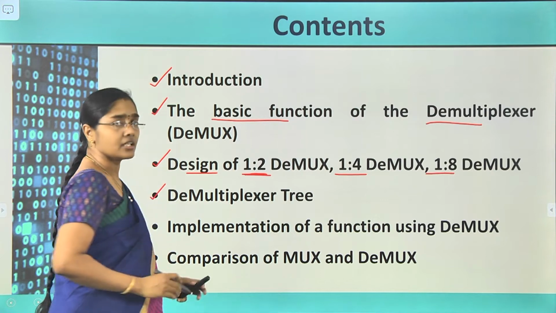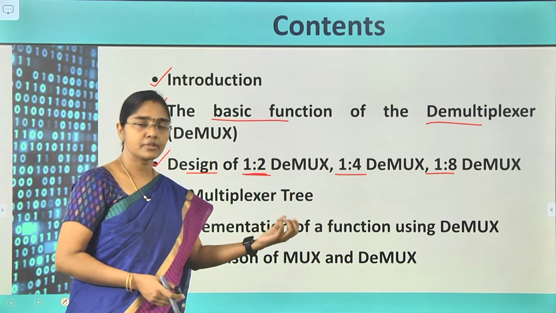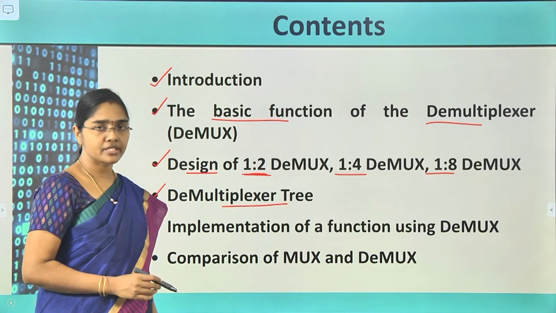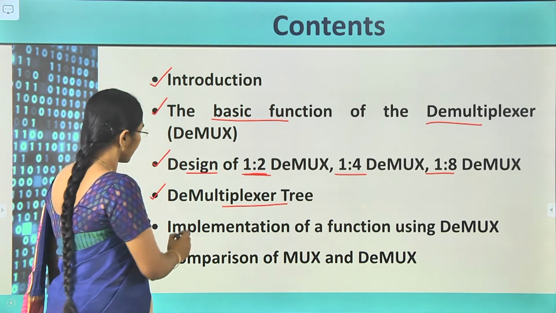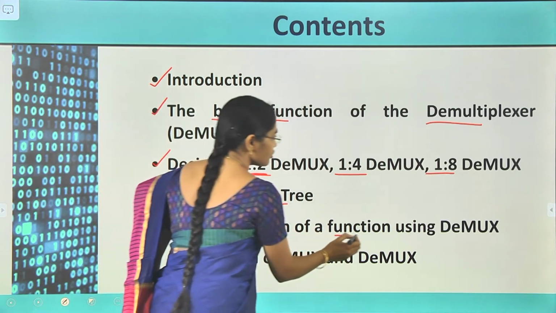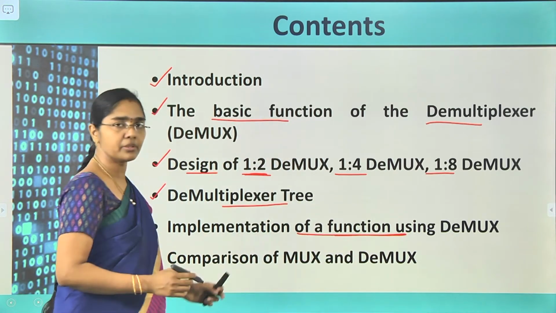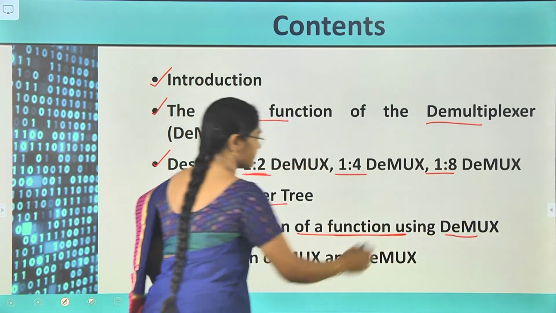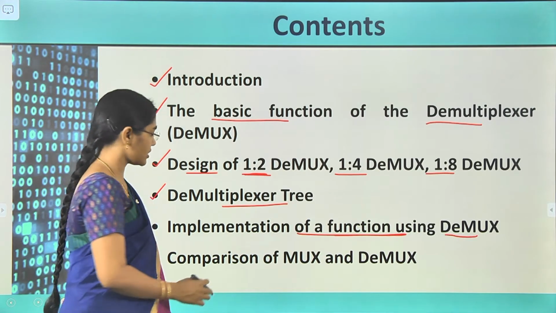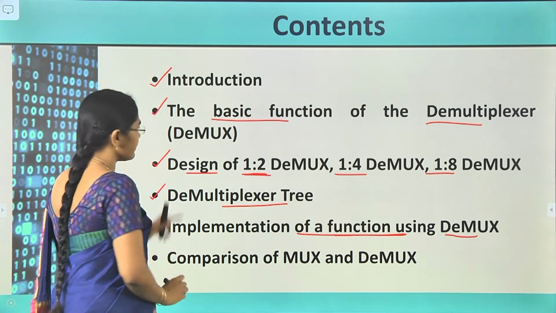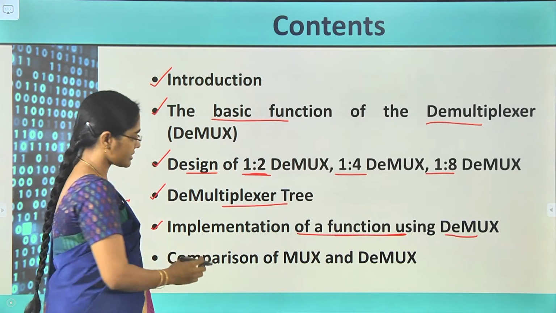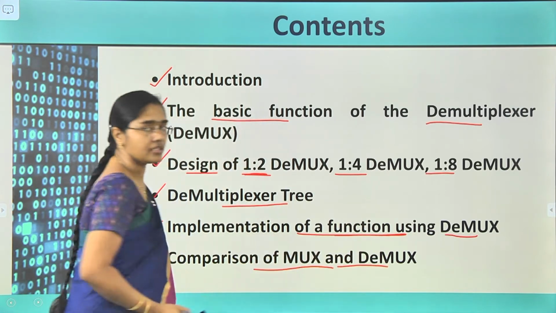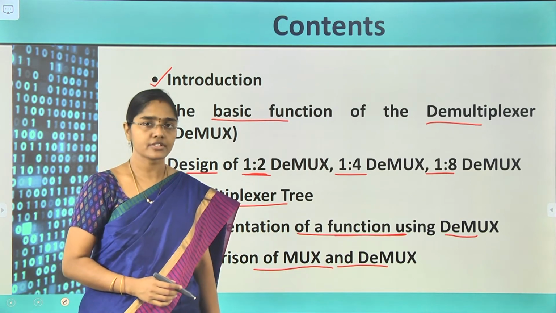And after that, implementing a bigger size demultiplexer using smaller size demultiplexers, that is called a demultiplexer tree, we will see. And after that, implementation of a Boolean function using this demultiplexer we are going to see in this lecture. And finally, since we have seen multiplexer and demultiplexer, we will see the comparison between mux and demux in today's lecture.